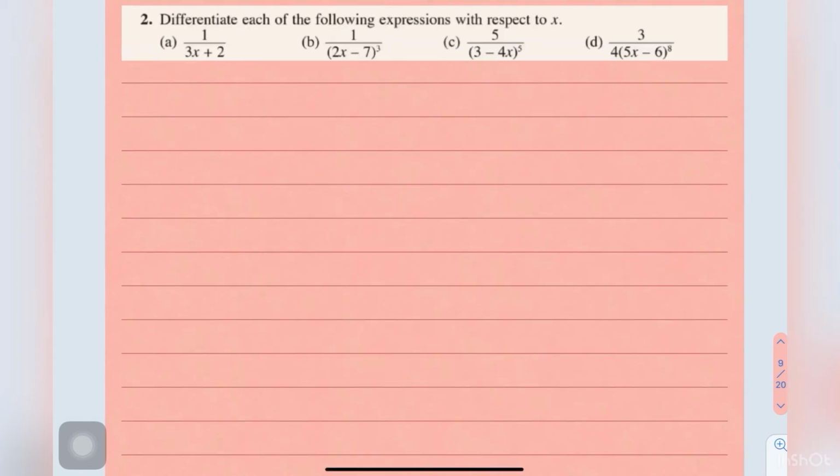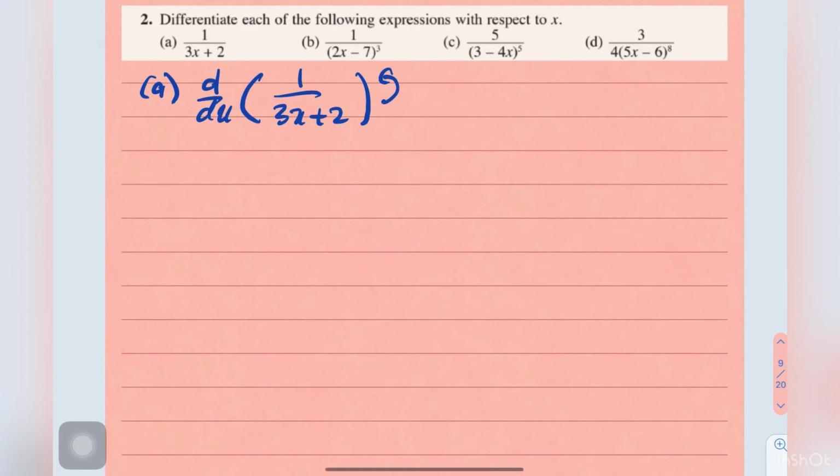Question number 2, differentiate each of the following expressions with respect to x. Okay, so let's try question 2a. d/dx of 1 over 3x plus 2. Okay, previously we have learned if we have x in the denominator, we cannot differentiate directly. So you have to move it up. Same thing here. So you move it up, 3x plus 2 becomes power of negative 1.